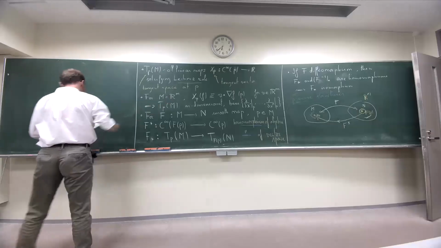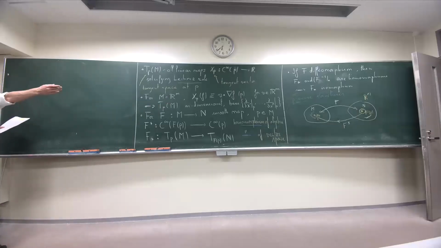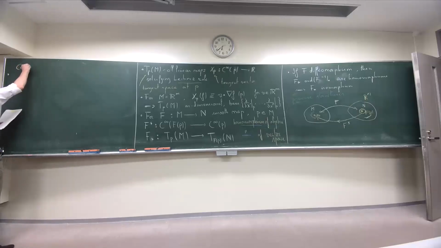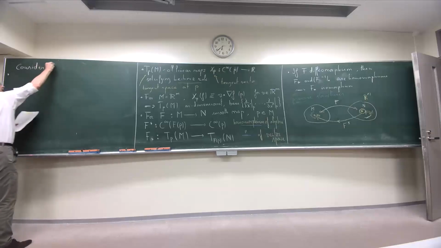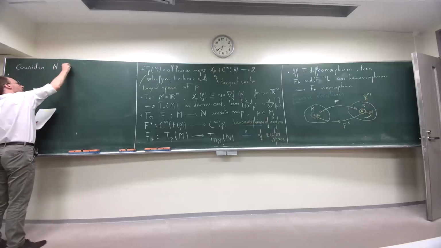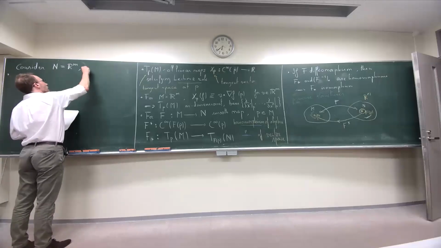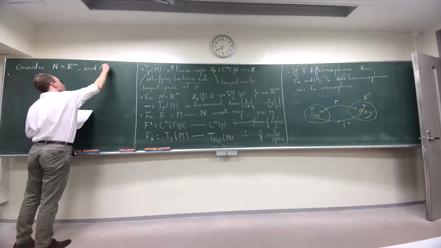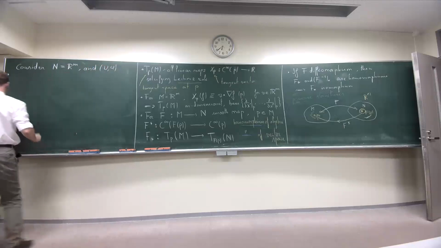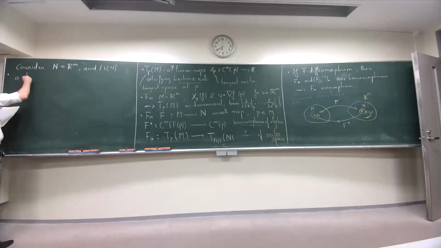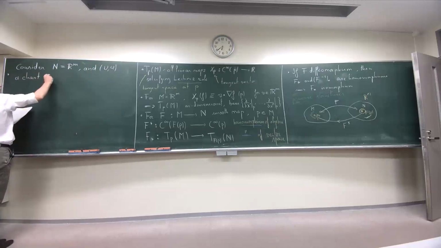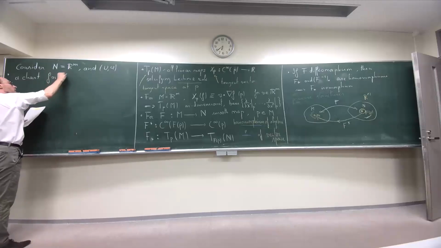So I'm going to use this idea there to get a basis on the manifold M. So we consider the second manifold being equal to Rm. And I'm going to consider U, phi, a chart for M. Remember what is a chart?